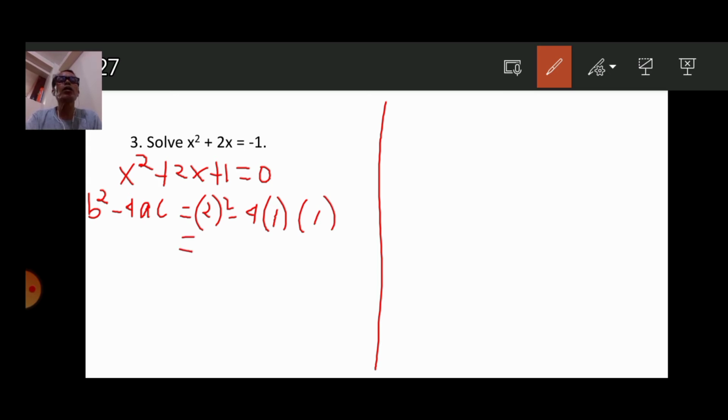Square of 2 is 4. Negative 4 times 1 is negative 4. So it is equal to 4 plus negative 4, which is 0. Therefore, the roots are real, rational, and equal.